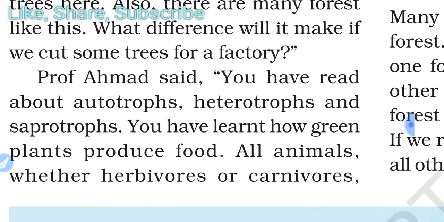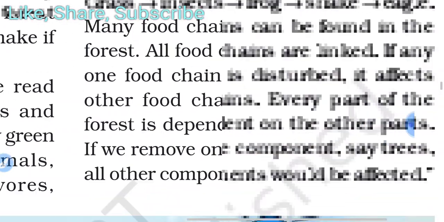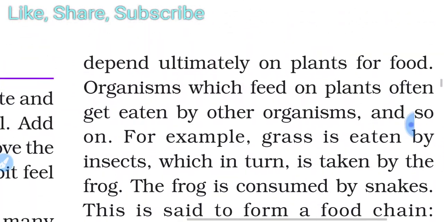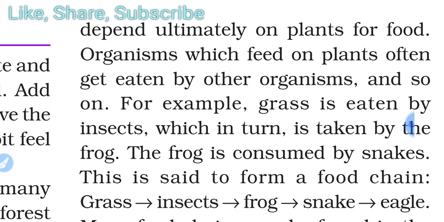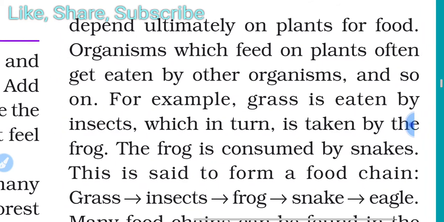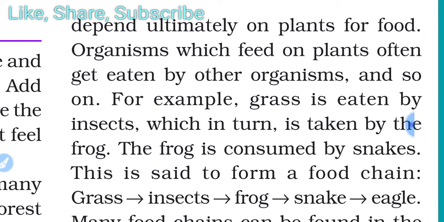You have learned how green plants produce food. All animals, whether herbivores or carnivores, depend ultimately on plants for food. You all understand it. Organisms which feed on plants often get eaten by other organisms, and so on.